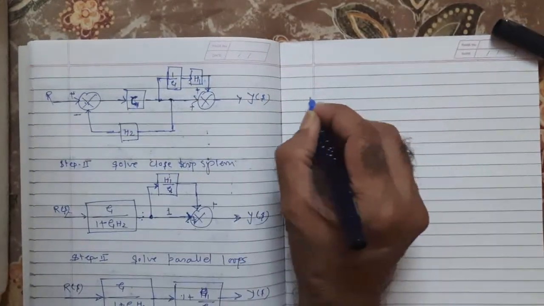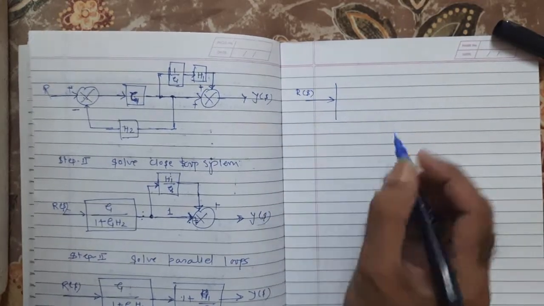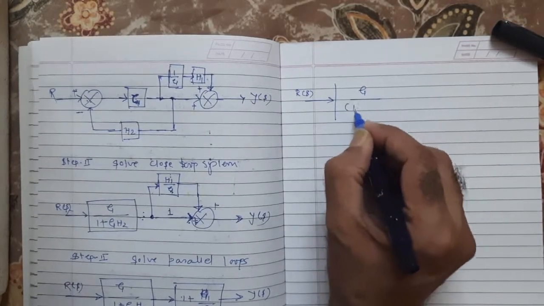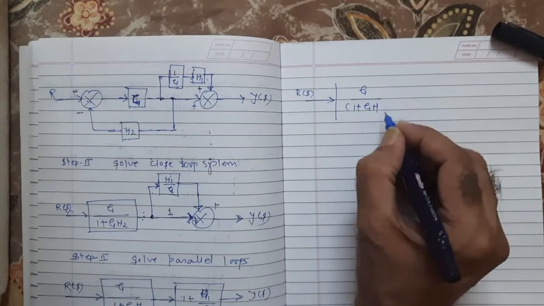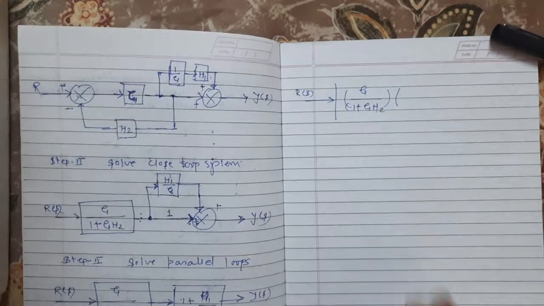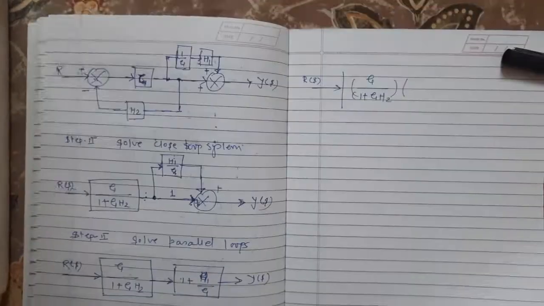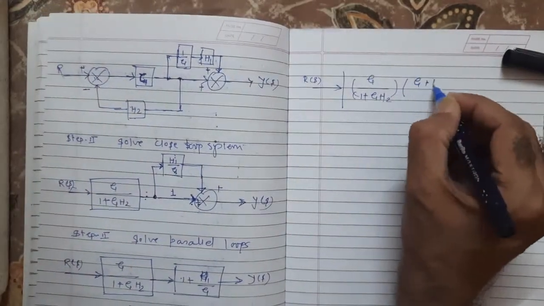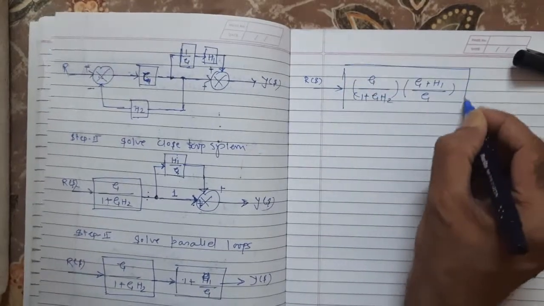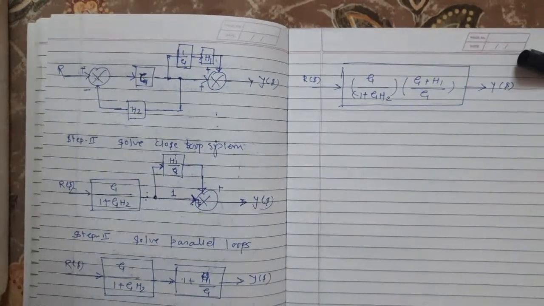This is R of s, and then we can have G divided by 1 plus G into H2, and here G is common, so this is G plus H1 divided by G, and this bracket complete, and here is Y of s.